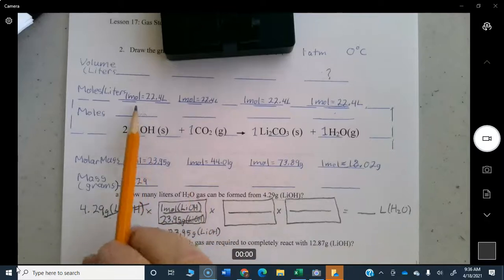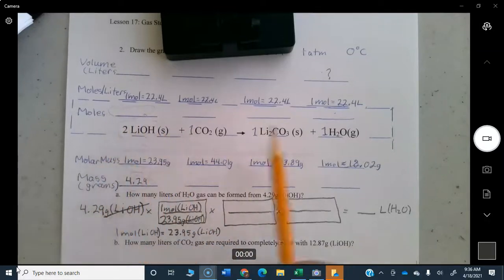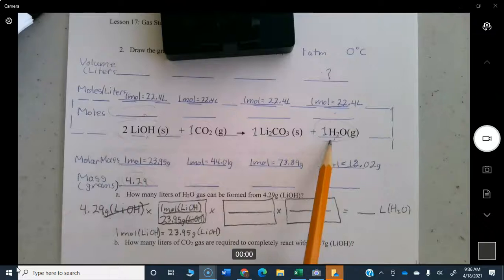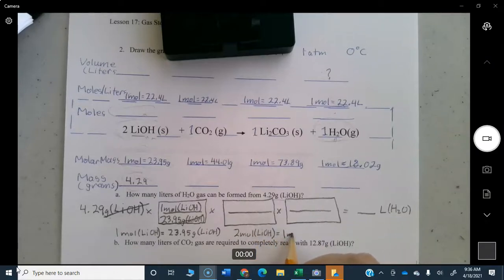Okay, so now you're sitting in this box right here. We need to go from here to here, so you just write that with an equal sign between it with the word moles. Which one of these two goes there? It's got to be the same one as this one. So it's moles lithium hydroxide.